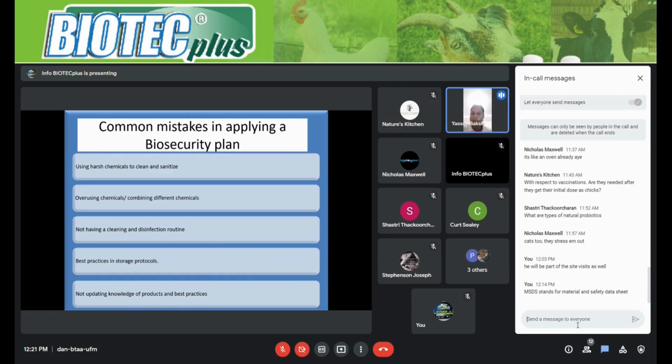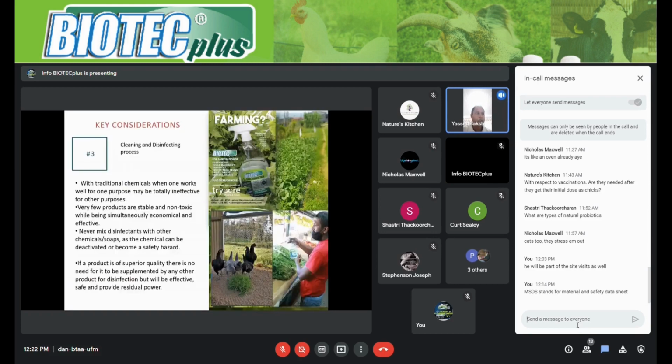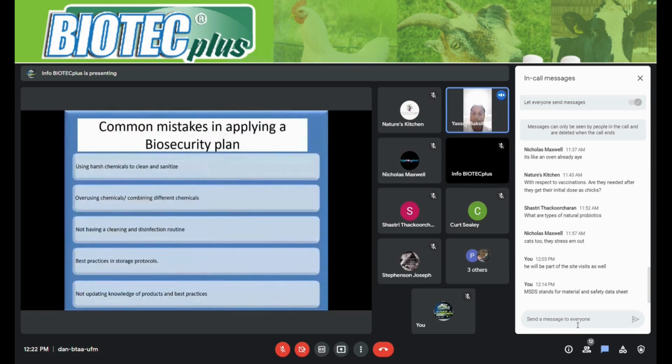Understanding implementation of your chemical in your biosecurity plan for your storages. So you see how all of these things are linked, right? And of course, not updating knowledge of products and best practices, which is what we mentioned here. Not understanding the different chemicals, how to use them, having a biosecurity plan that is based on your chemical and use of your chemical in your farm.